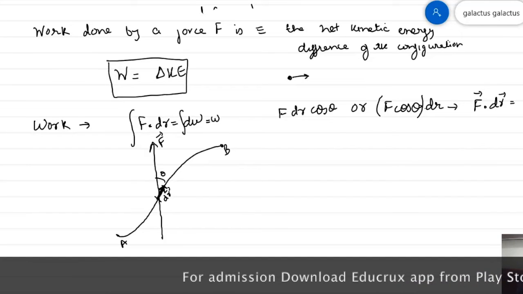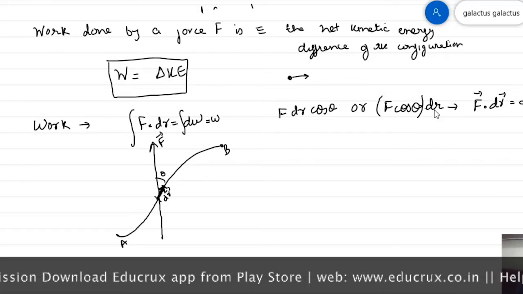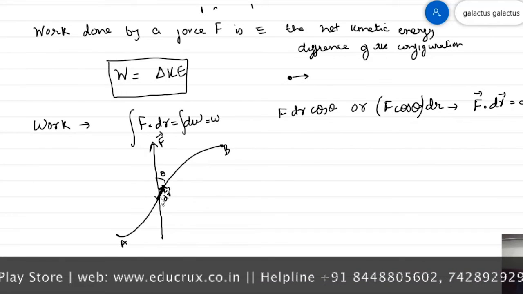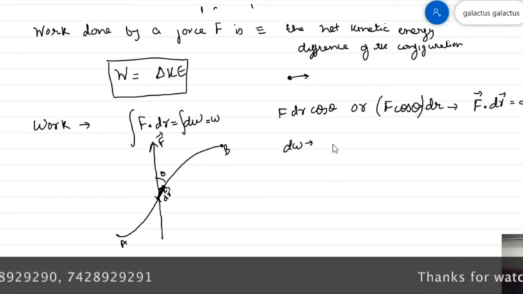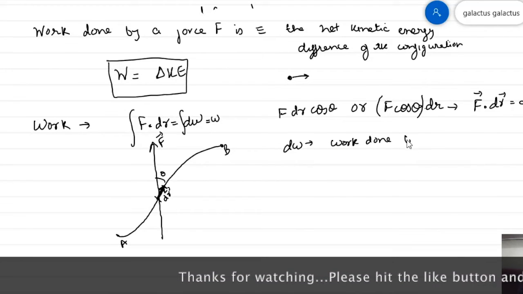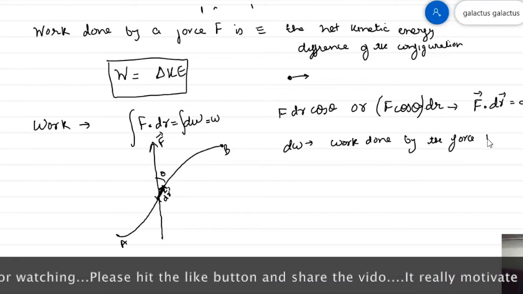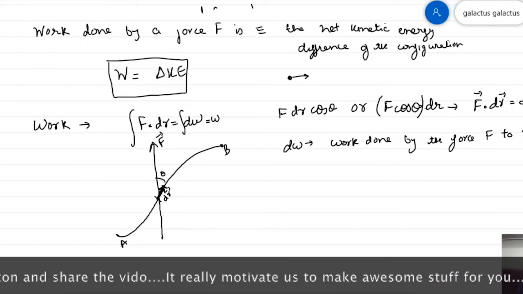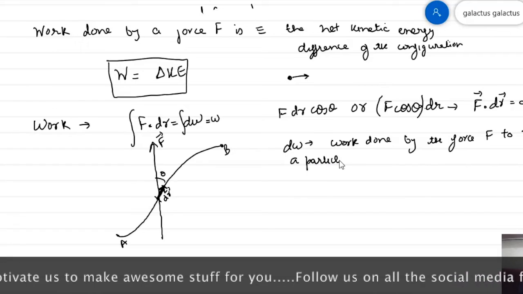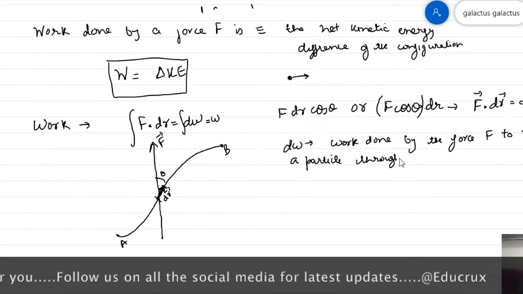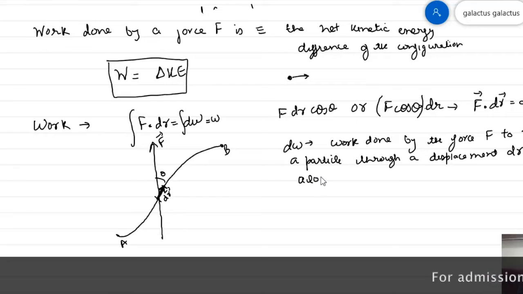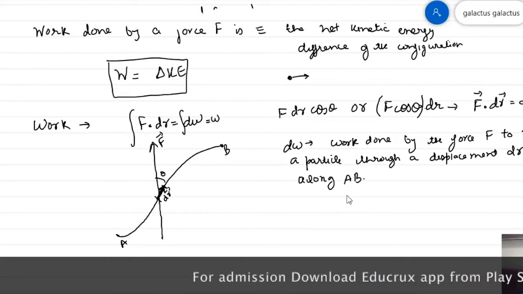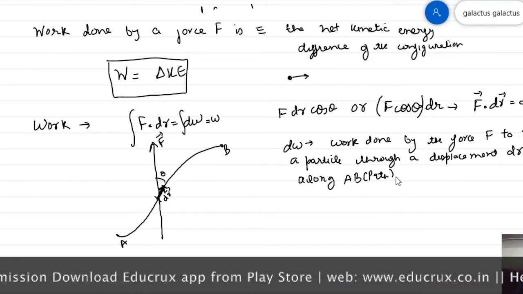So F cos theta into dr can be written as F vector dot dr vector. This is equal to dW, the small work done by the force F to move the particle through a displacement dr along the path AB.